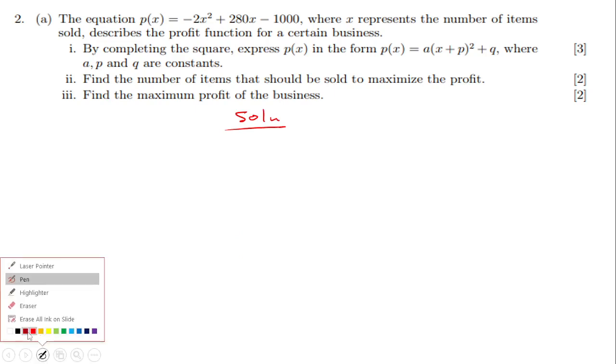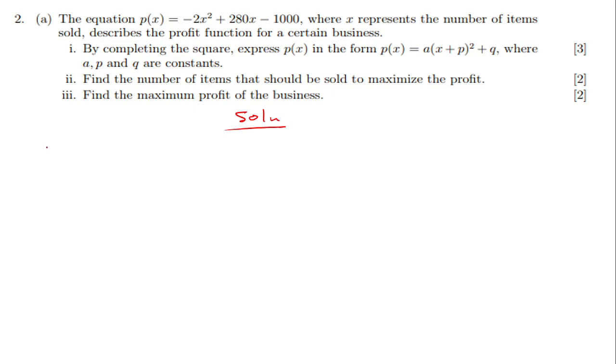Please follow me well. We have been given P of x is simply equal to negative 2x squared plus 280x minus 1000.